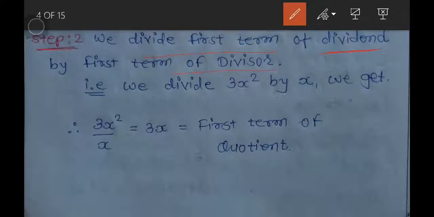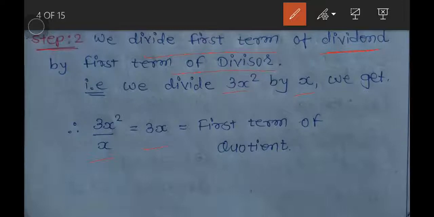Now we know that the first term of our dividend is 3x square and the first term of the divisor is x. So after dividing 3x square by x, we get 3x.